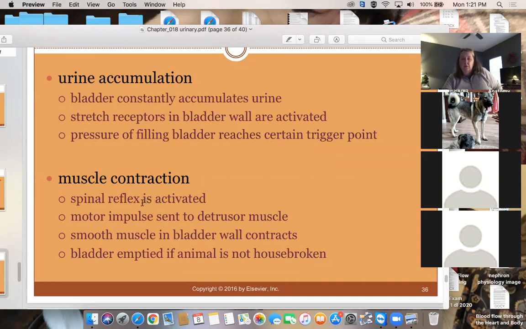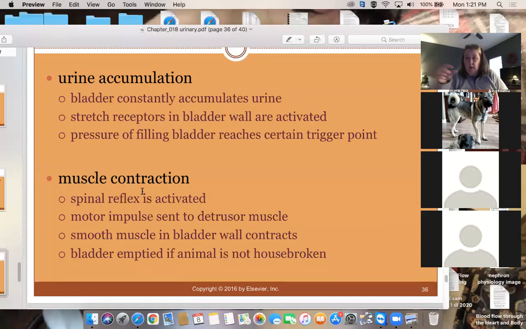Now, I will tell you, in certain times, like we see a fair amount of dachshunds, for example, that have a ruptured disc. So they have a blown disc because of their long backs. And sometimes, depending on where the injury of the disc is along the spinal cord, these dogs will come in with a really, really full bladder.